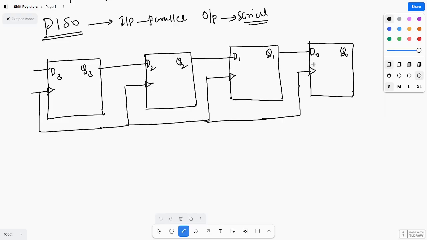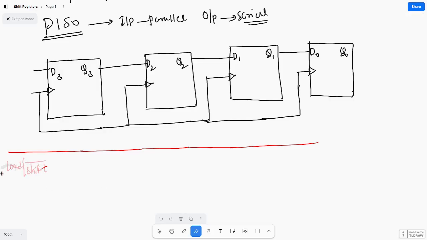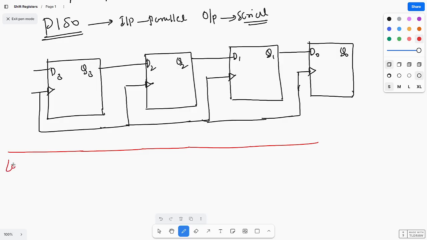And next, here there is one more signal, called load by shift bar. Or we can give a signal called load. So this is load.